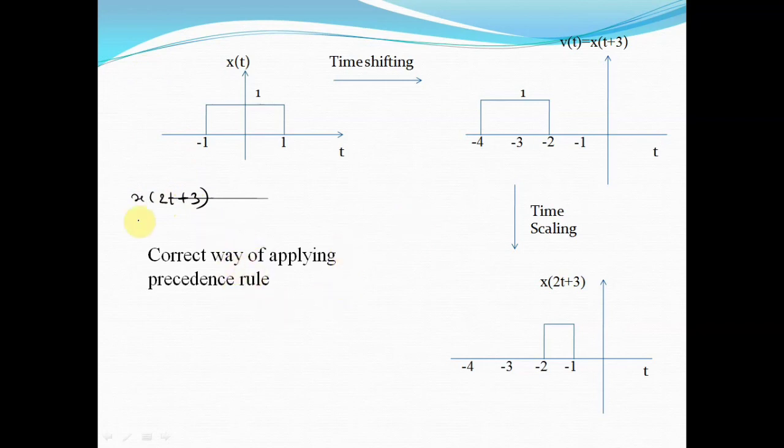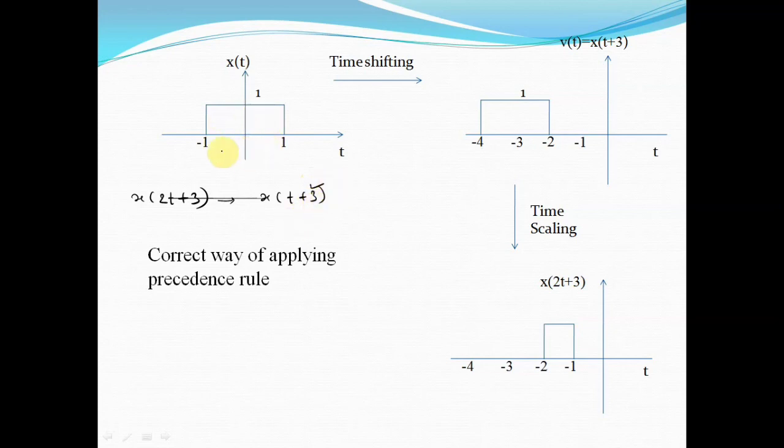By the use of the precedence rule, first we are going to shift our signal. So here shifting means it is x of t plus 3, which represents the advancing operation in which we shift the signal towards left. So we are going to shift the signal towards left by 3.